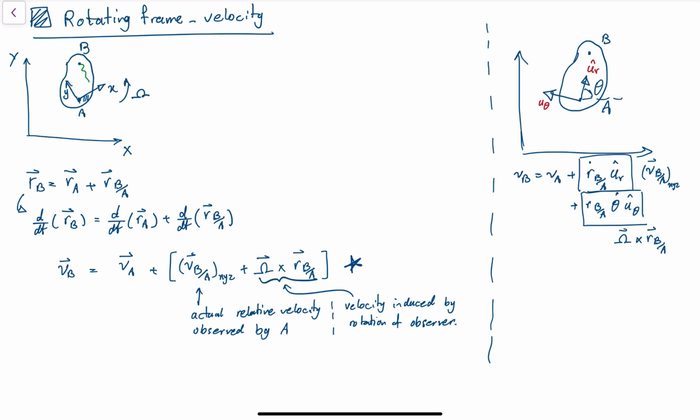B can go anywhere, and if that happens, what you observe as relative velocity of B relative to A, in that case, some of it would essentially trickle down into the other term, and what you end up with is the correct velocity of B in the reference or base frame.